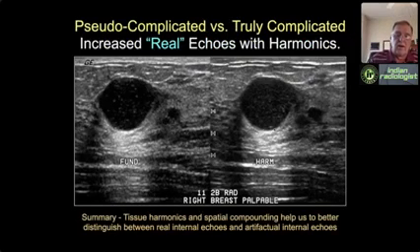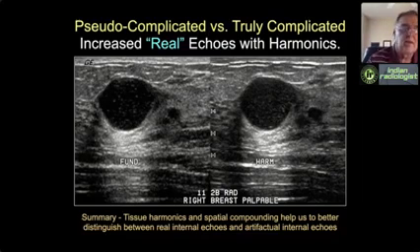Now, here on the left I have fundamental imaging, on the right I have harmonics, and notice that in this case I have proteinaceous debris within the cyst, and because it's real stuff within the cyst, harmonics actually makes it more echogenic. So when the internal echoes are artifactual, harmonics tends to decrease the echoes, but when the internal echoes are real, say caused by proteinaceous or fatty debris, harmonics tends to increase them.